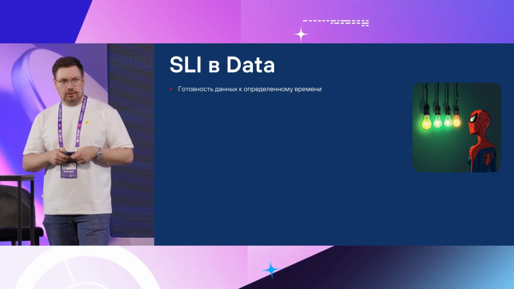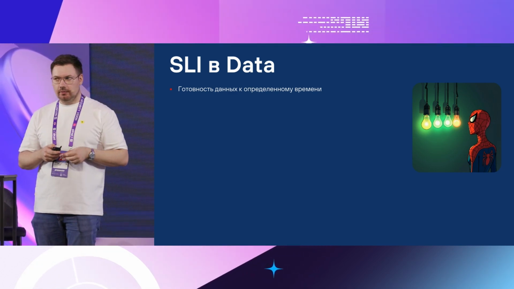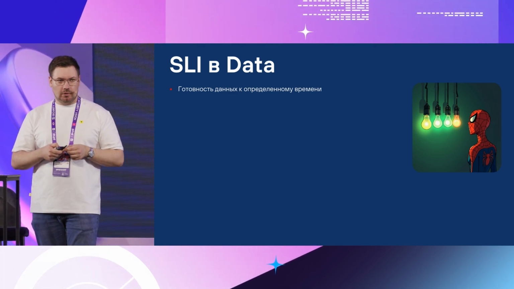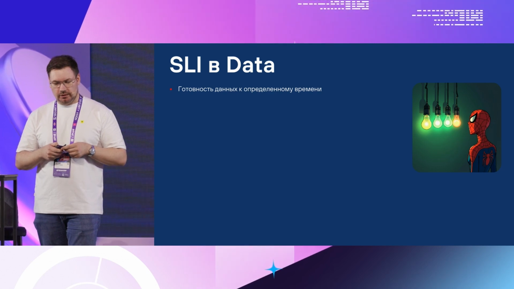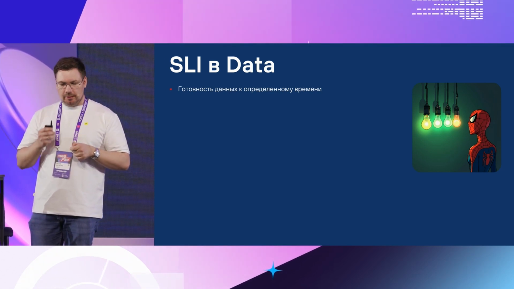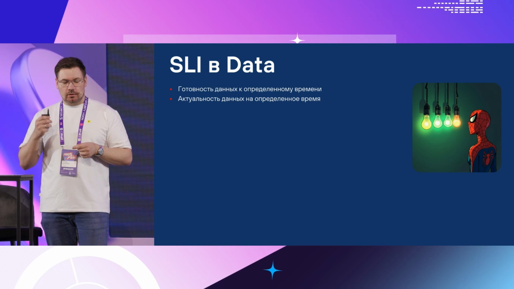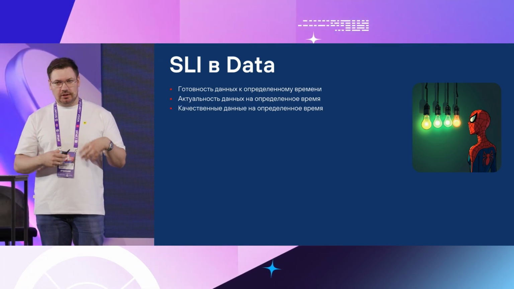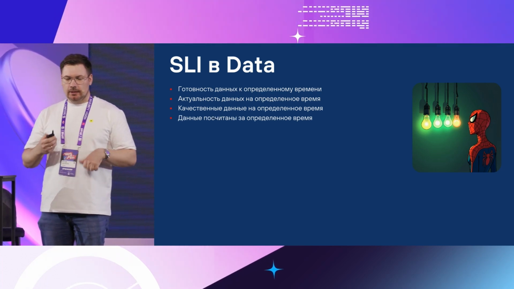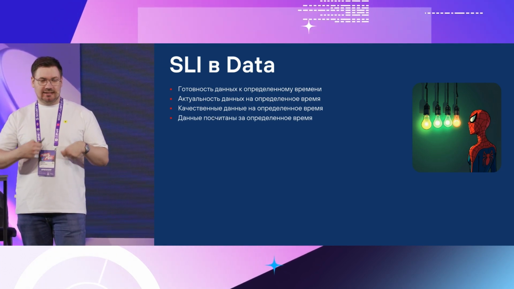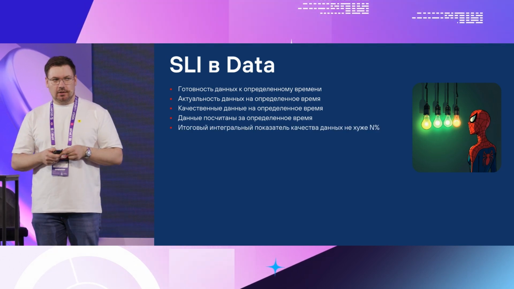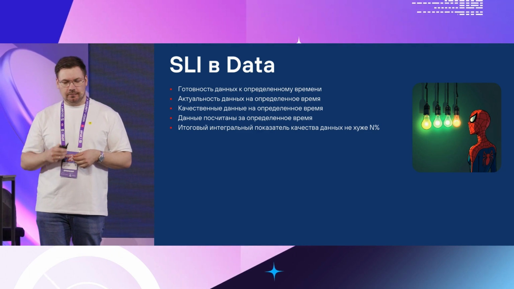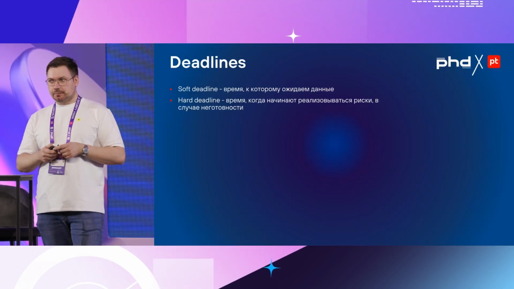And it's about the exact understanding by the business of the criticality of the processes. And let's talk about service level indicators. This is one of the key things in SRE, automatic and fast, in real time. We should understand if everything works. And in data, we have these examples. For example, the readiness of data by a certain time, the relevance of data, and also taking the data through certain checks, and we might have an integral indicator which should be above a certain percentage.